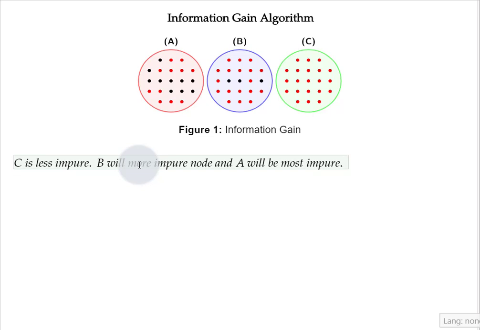Another thing we can say is that the more impure the node is, the more information we need to explain this node.